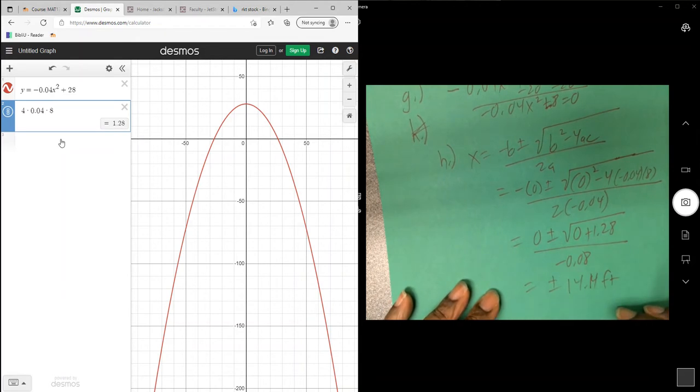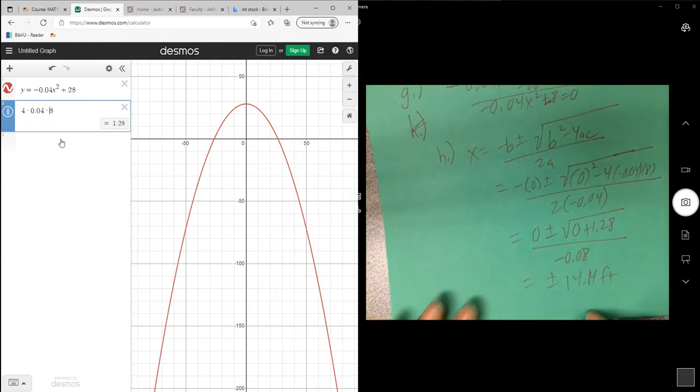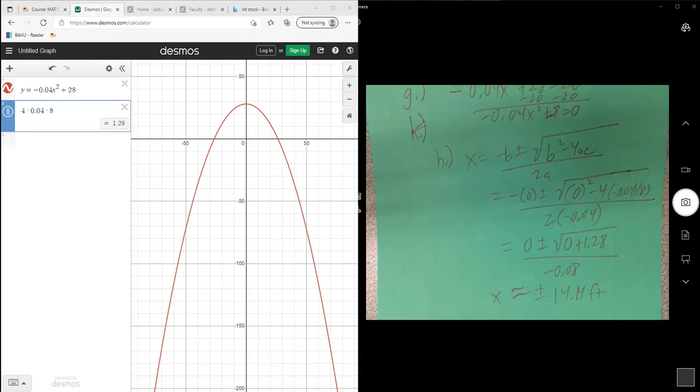And it also asks us to use the graphing calculator to check our result. Okay, let me check.